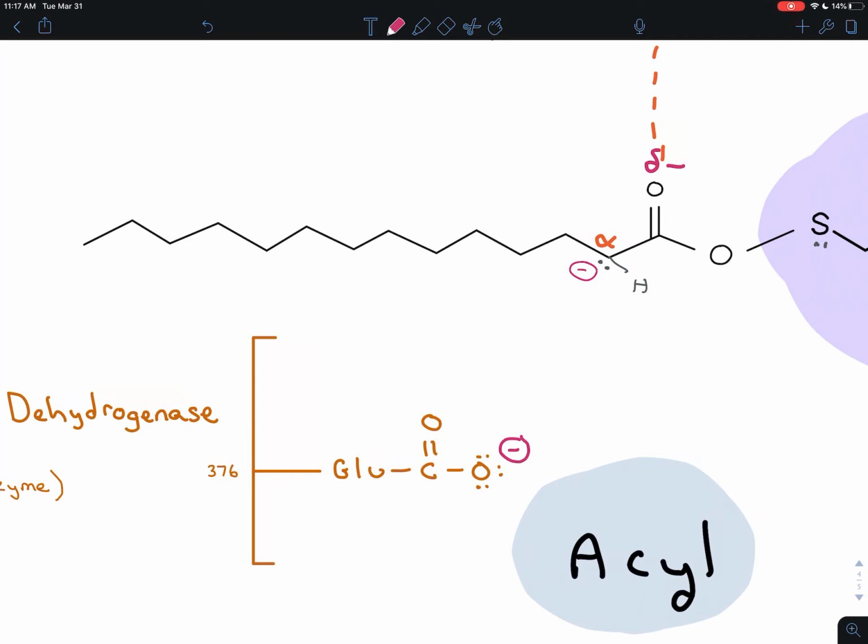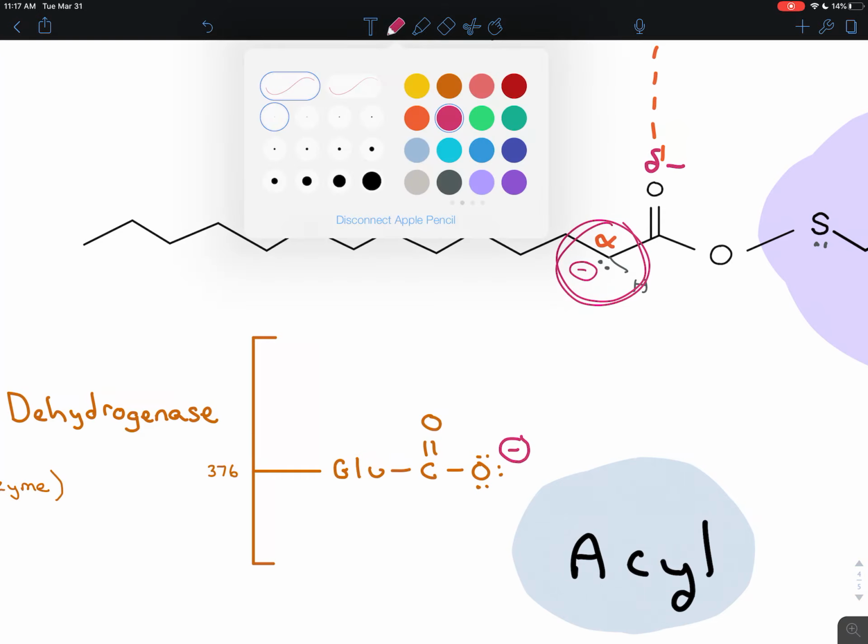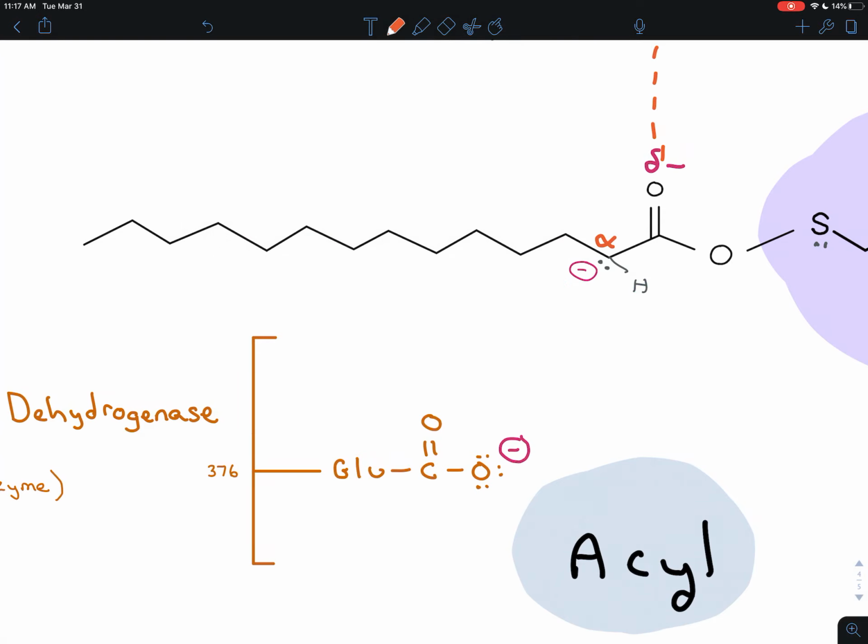However, notice that there's resonance here. Because this is the alpha position, that lone pair is actually allylic to this pi bond. So this can exist in a p orbital that's parallel with the two p orbitals in this pi bond. That allows that lone pair with its charge to spread out over all three of those atoms and to stabilize it.